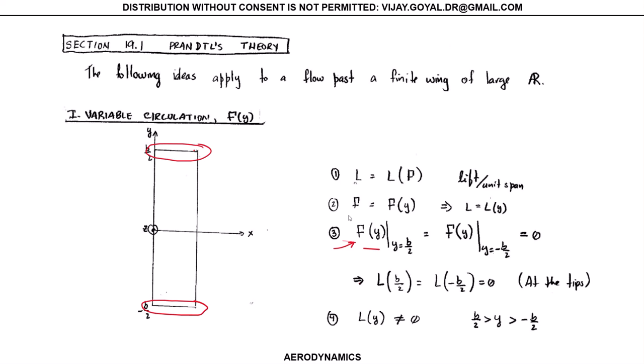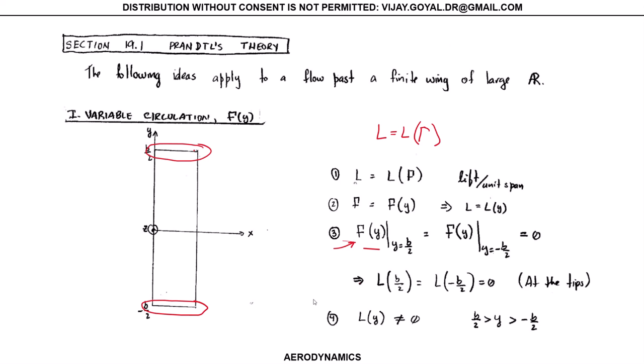Now, what we're going to do is say that it's possible to have your lift be a function of the value of your circulation. So if that was the case, then if I know a circulation value, I can say this is directly dependent on the lift.